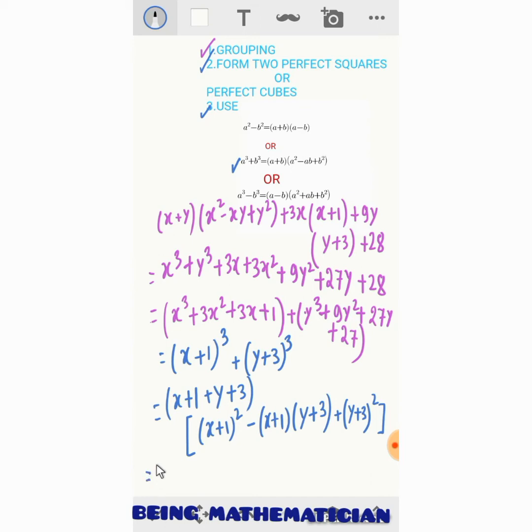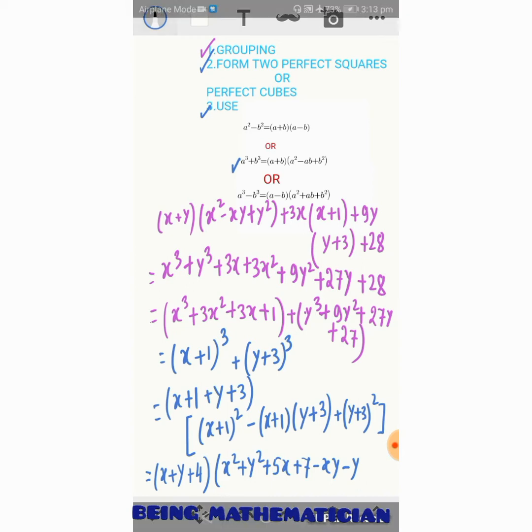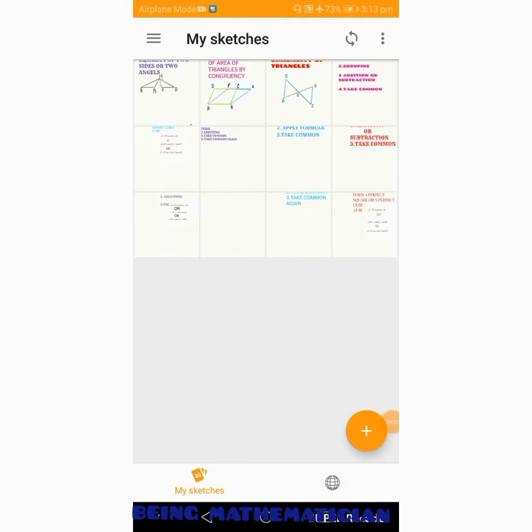The final answer is x plus y plus 4 into x square plus y square plus 5x plus 7 minus xy minus y. Now we move to the next trick.